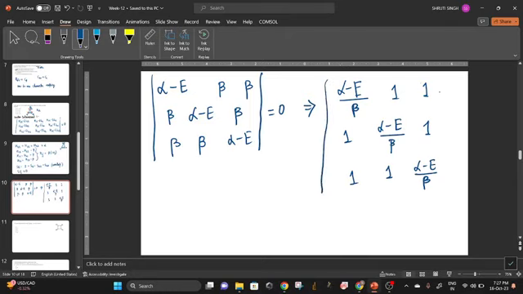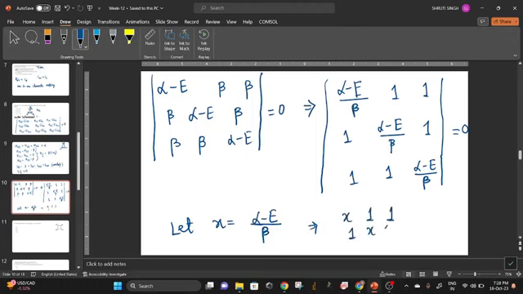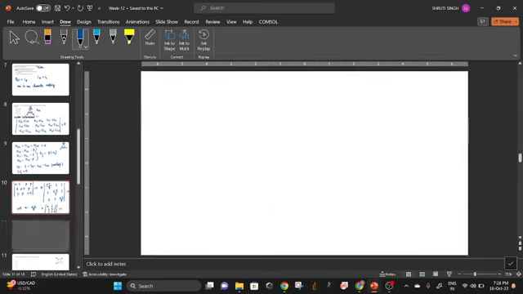This is the same thing, I am just dividing this determinant by beta. Let us take x equal to alpha minus E by beta. Then this determinant becomes x, 1, 1; 1, x, 1; 1, 1, x, equal to 0. This is just for simplification.